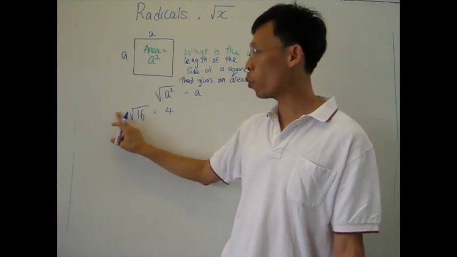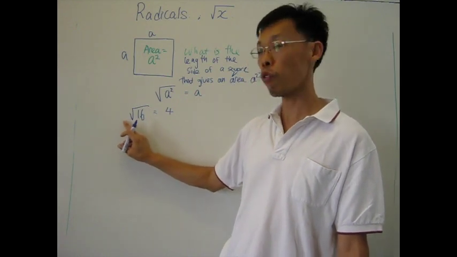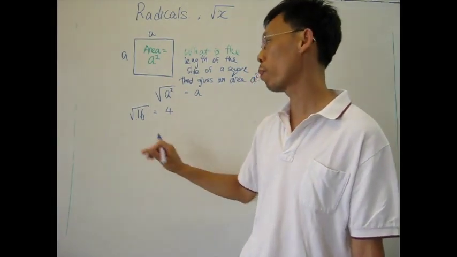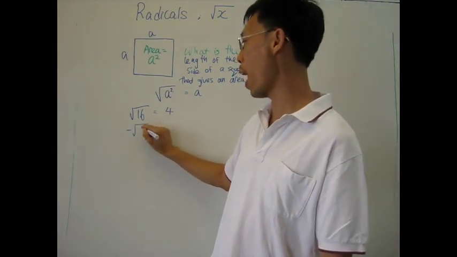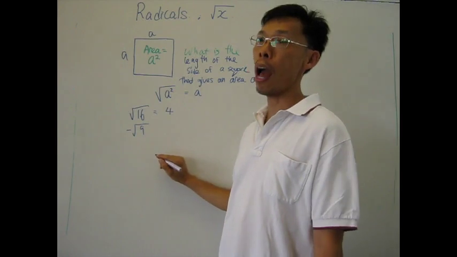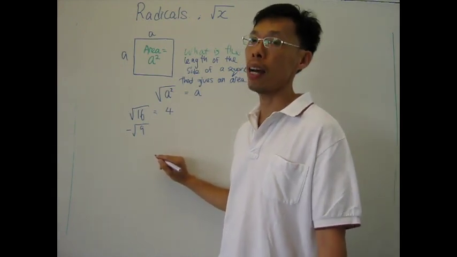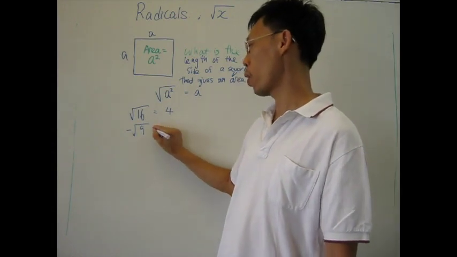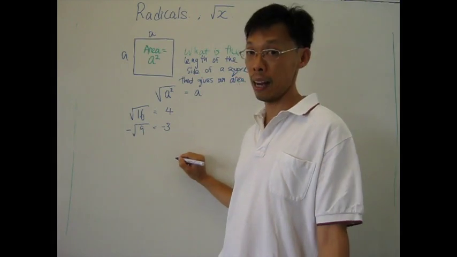So if I don't write anything here, then we assume that the sign for this radical is positive. If you want a negative, then you have a negative after this. Square root of 9, for example. What do I have to multiply together, a negative number, such that I'll get 9? So negative 3 times negative 3 gives you 9.